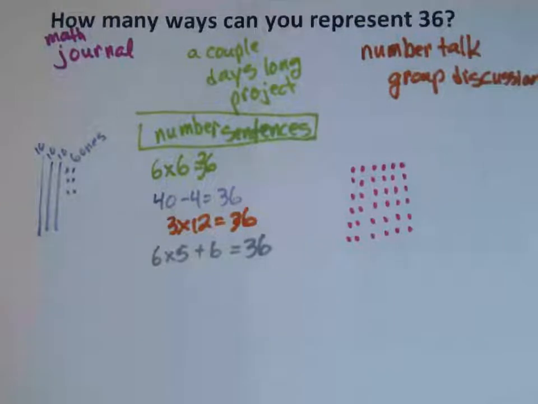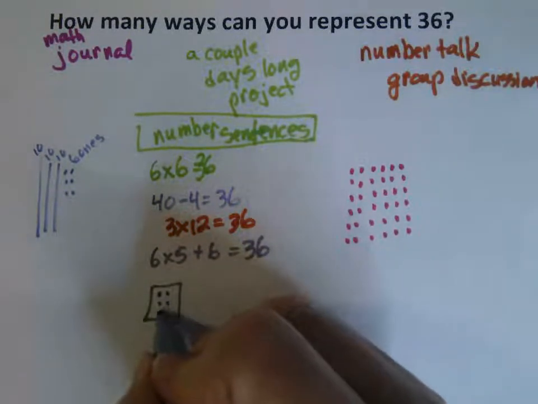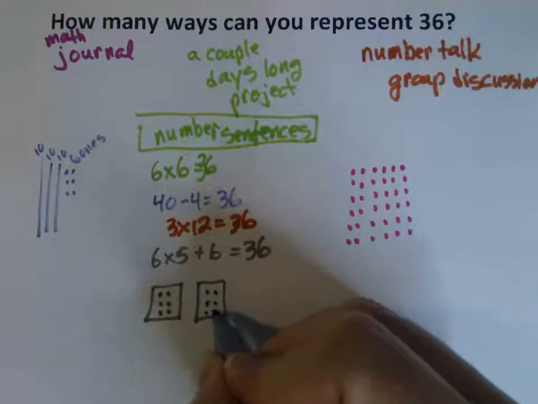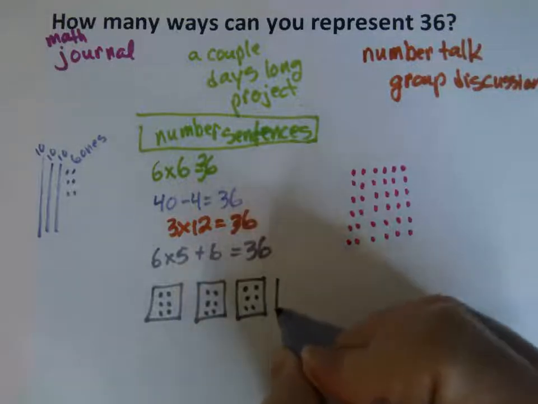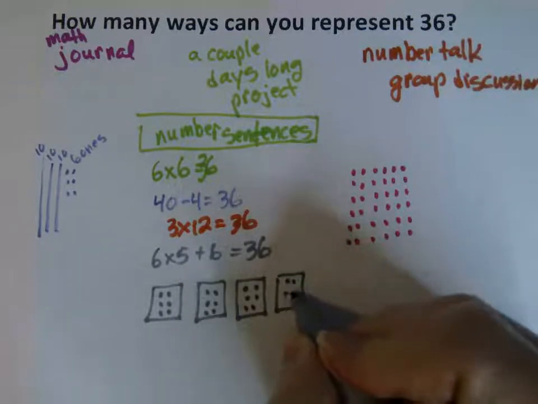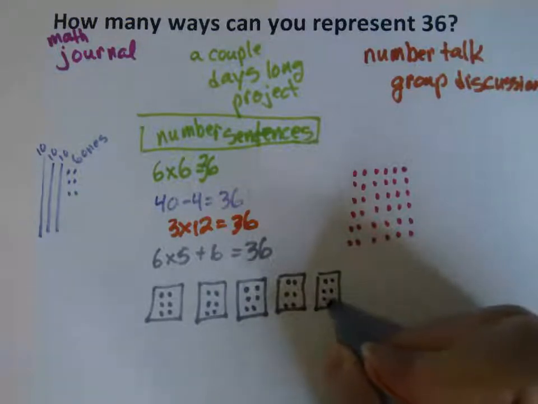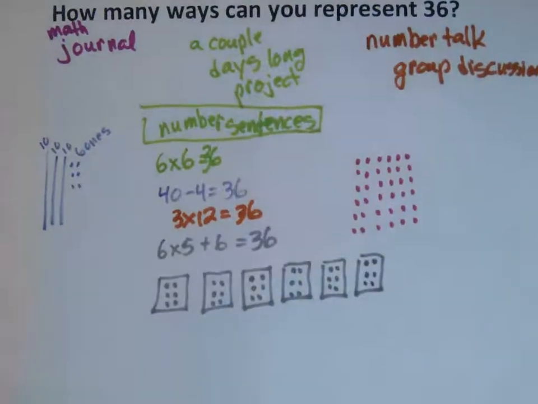It's also, what other ways could we represent 36? Ooh, what if I wanted to just draw some dice? 6 dots on dice. It's 6 sixes. One more. And the last one, that's also 36.